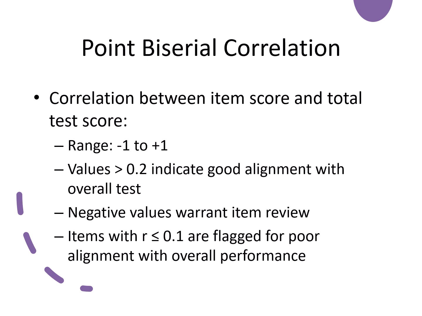The range is from -1 to +1. A value of more than 0.2 indicates good alignment with the overall test score. In terms of Dow University of Health Sciences policy, items with R less than 0.1 are flagged for poor alignment with the overall performance.